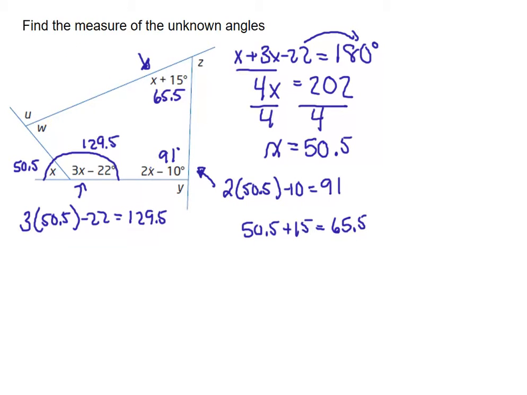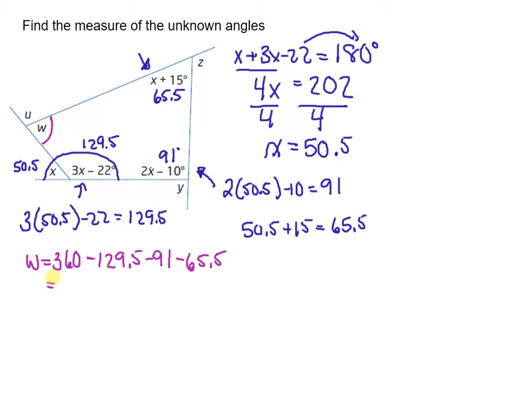Okay. So for angle W, I'll change to purple. Angle W, we know it's going to be 360 degrees, which is the sum of the interior angles of the quadrilateral. And we're going to just subtract all of the angles within this quadrilateral. So we're going to subtract 129.5.